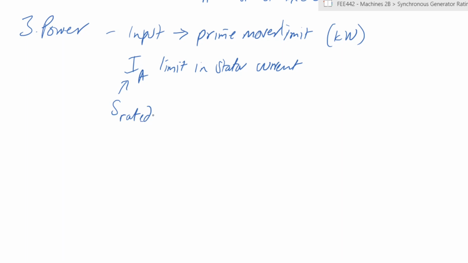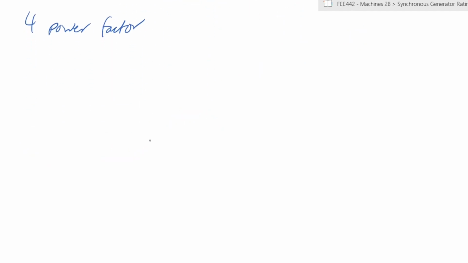So the armature current determines the amount of kVA that you would be able to get out of the generator. Usually, that is the upper limit of power within your generator. And then number 4, we have power factor. There's a limit of the power factor that the machine can supply.